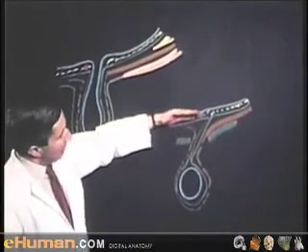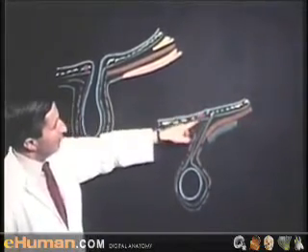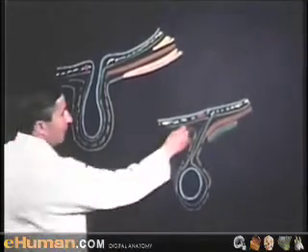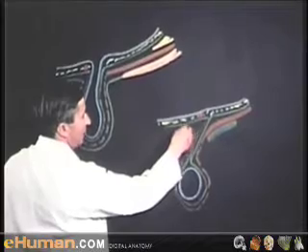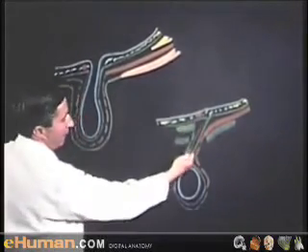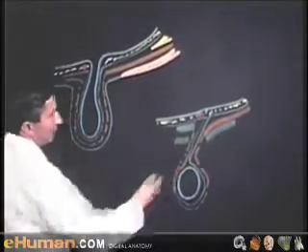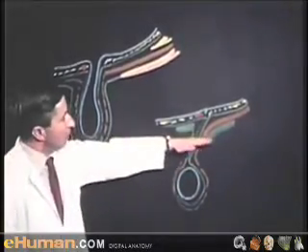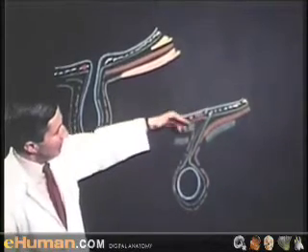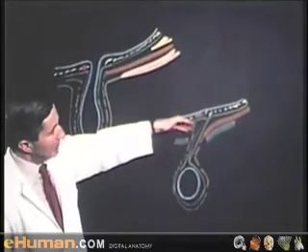The posterior wall of the inguinal canal is going to be formed by the fascia transversalis, but by this time the conjoint tendon has developed and is lying in this region behind the superficial inguinal ring. So where the anterior wall is weakest, here, there is a thickening of the posterior wall known as the conjoint tendon.